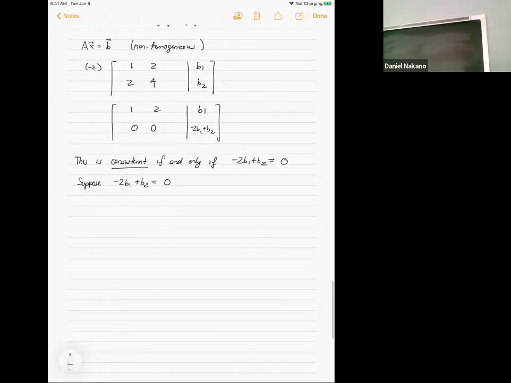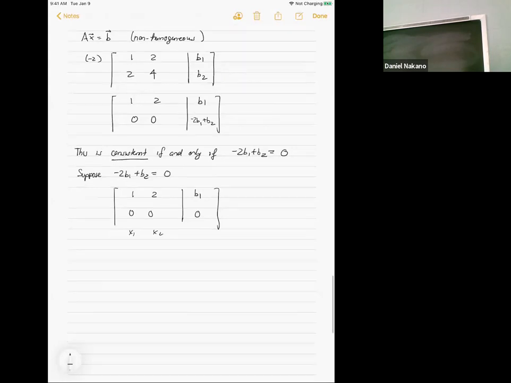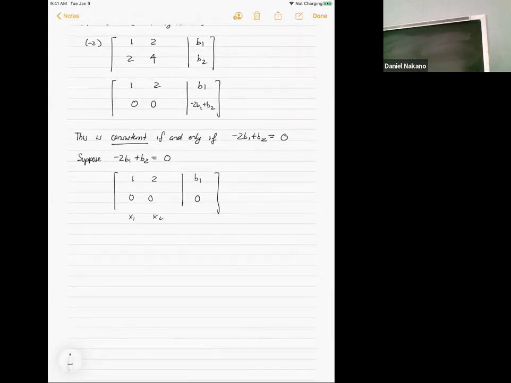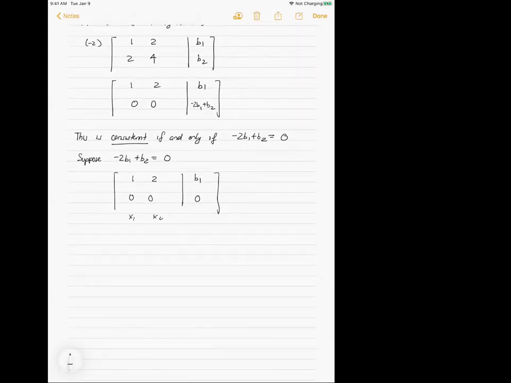Then if I go back to my system over here, I get 1, 2, b1, 0, 0, 0. That looks pretty good. And now I can just solve my system of equations again. I have x1 here and x2. What's my free variable? x2. So x2 equals t is free.